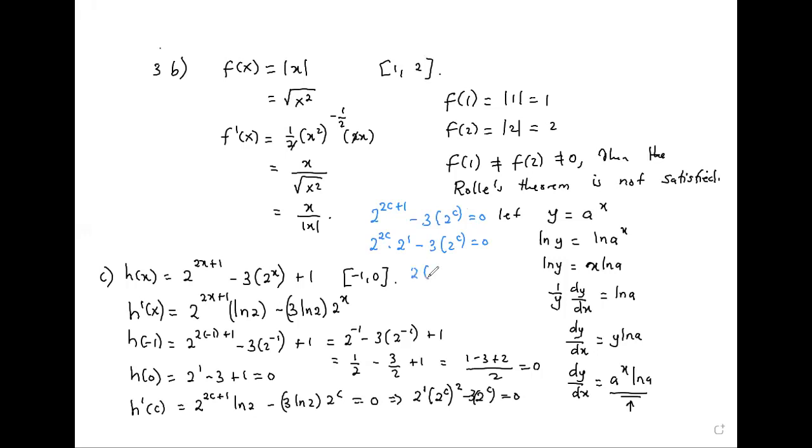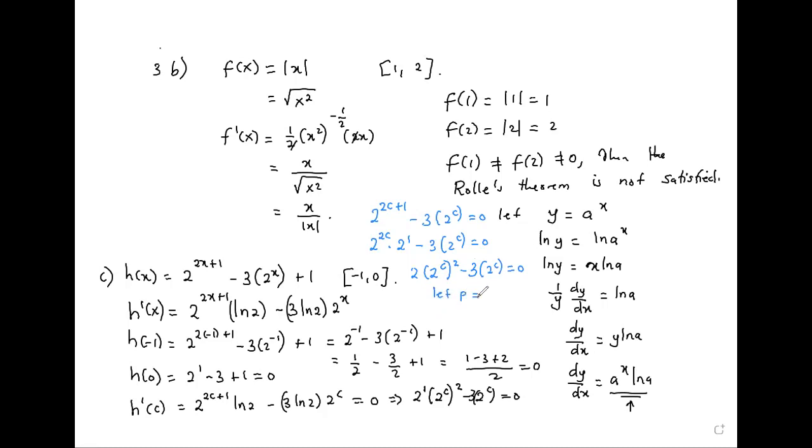And then you can choose to write 2 to the power 2c as 2 to the power c squared, minus 3 times 2 to the power c is 0. Then we pull out the common thing. As you can see, 2 to the power c is common.